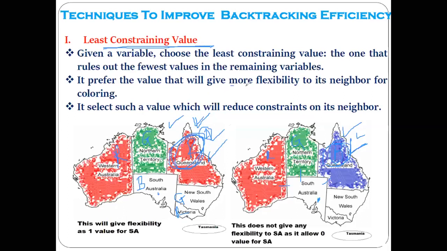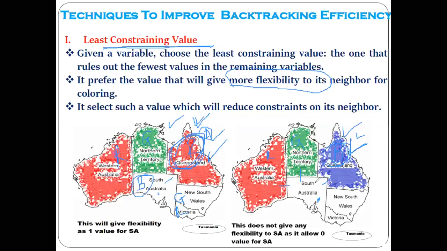Because it is giving the flexibility to its neighbor to choose the color. What are the neighbors of Queensland? South Australia or New South Wales. If you choose the red color here, we get the flexibility that we can give the blue color here.